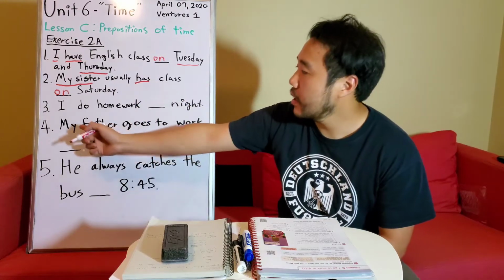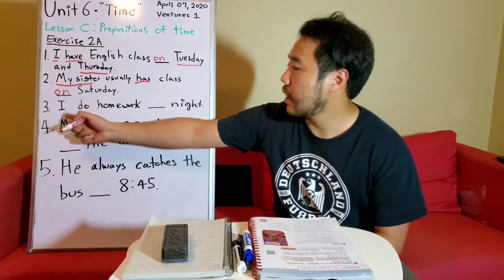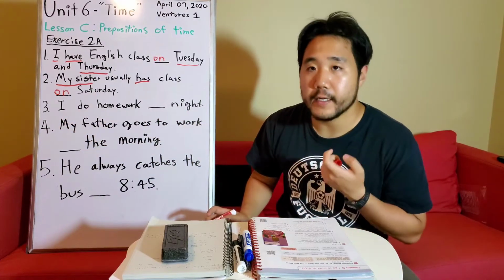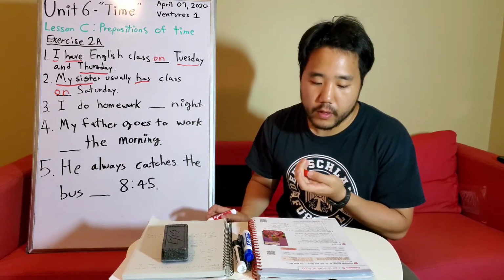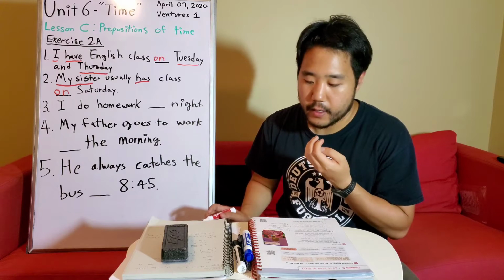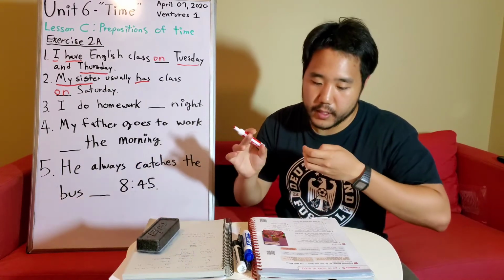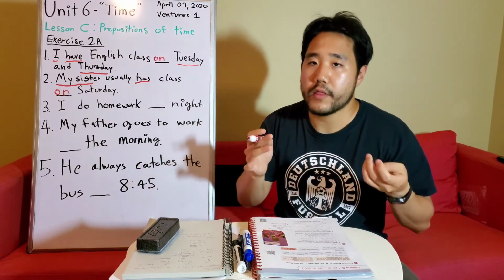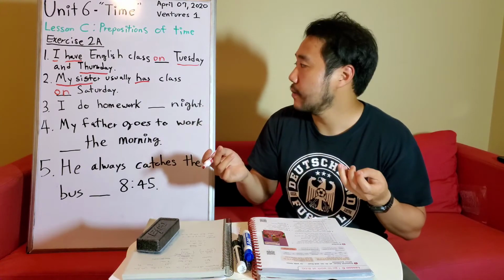So number 3, I do homework, blank, night. For the night, if you remember, I did say that anything to do with the parts of the day or the month, you have to say in.